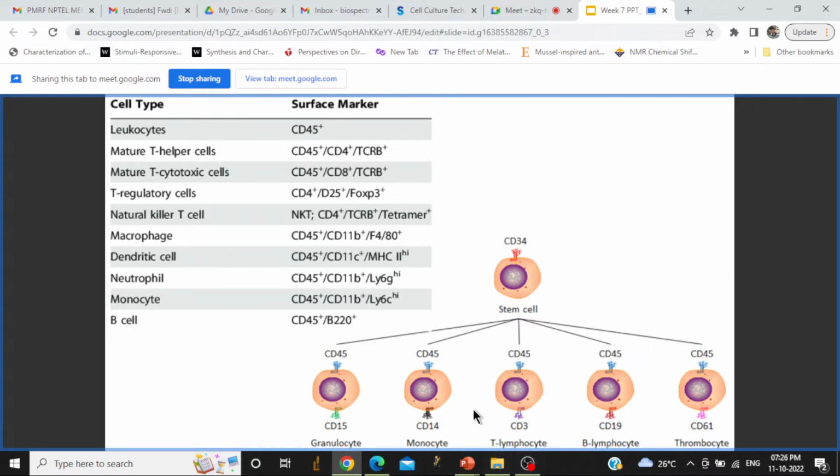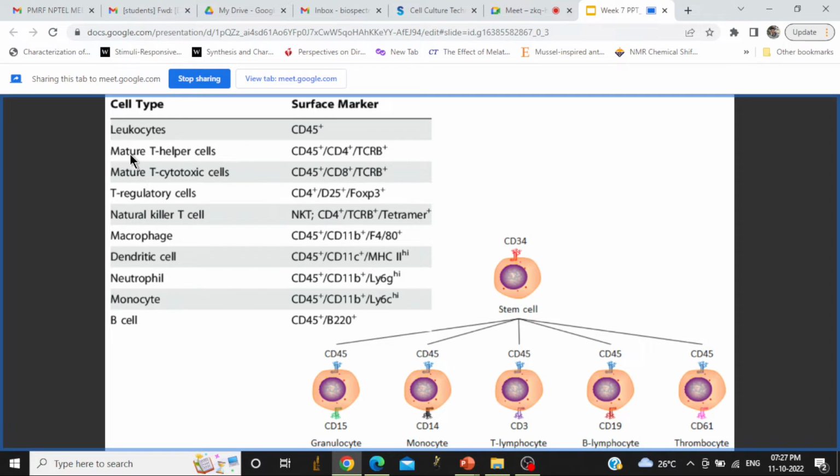And the same is the case with others, T lymphocytes, B lymphocytes, thrombocytes, granulocytes, all have some specific markers also. So it depends on your experiment. If you want to isolate all these leukocytes, you can use the common marker which is present in all these leukocytes, and you will design the antibody for it. So you will be able to separate all of them. But if your experiment is on something specific, you will use the specific markers and you will design the specific antibody.